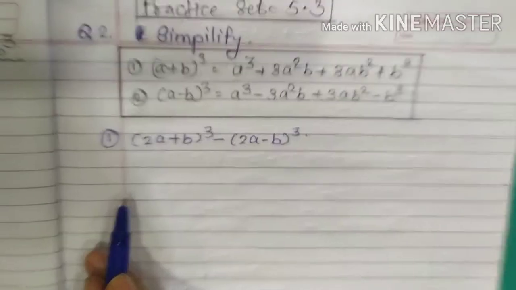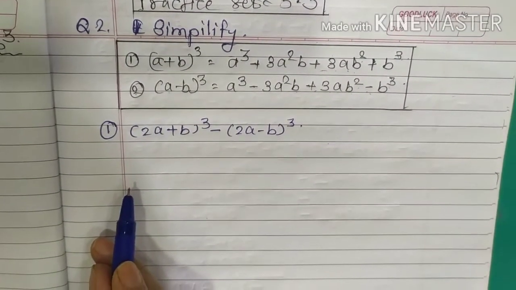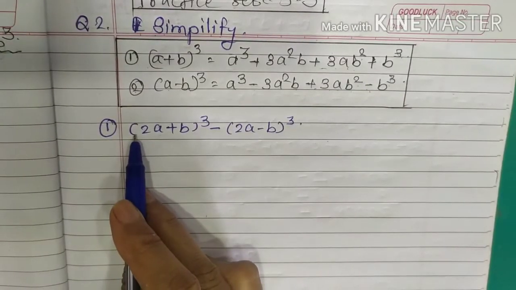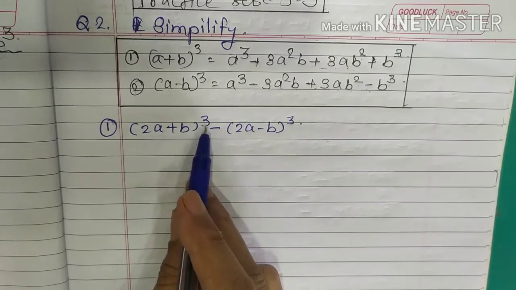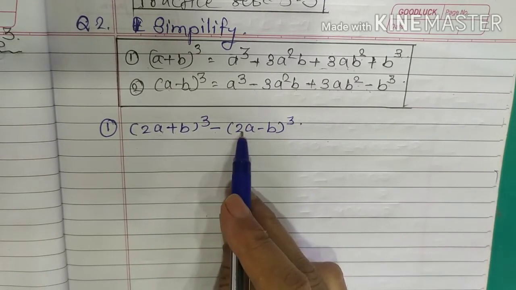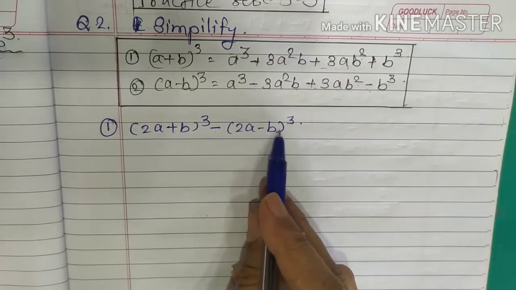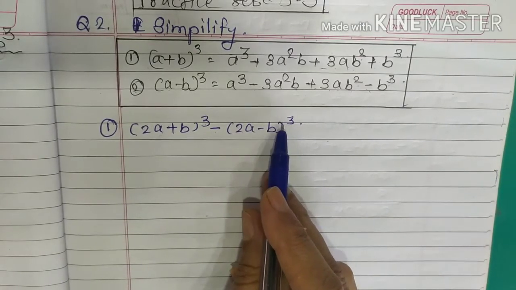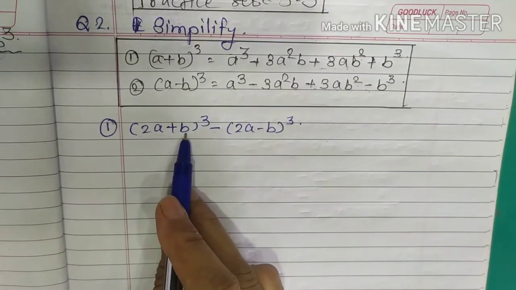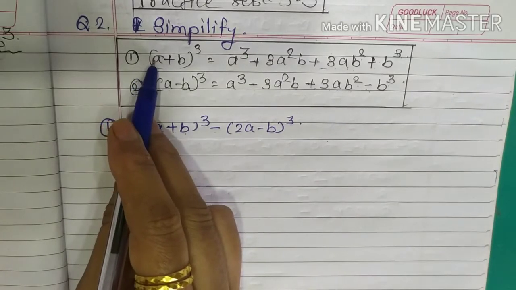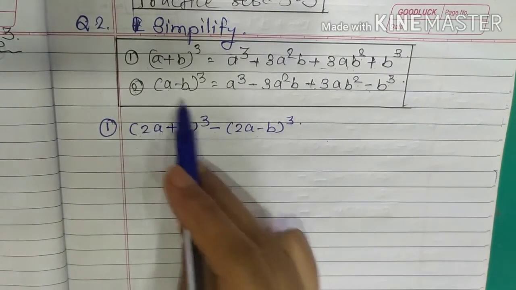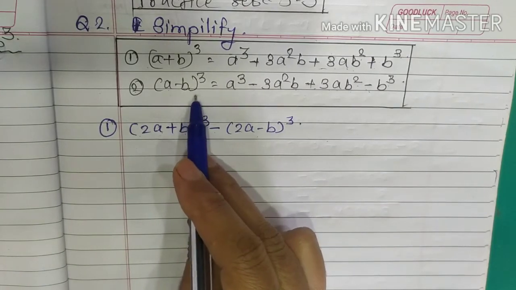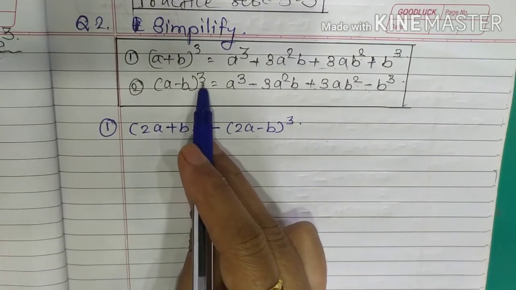Example number 1: (2a plus b) whole cube minus (2a minus b) whole cube. For the first bracket we use formula number 1, and for the second bracket we use formula number 2, that is a minus b cube.